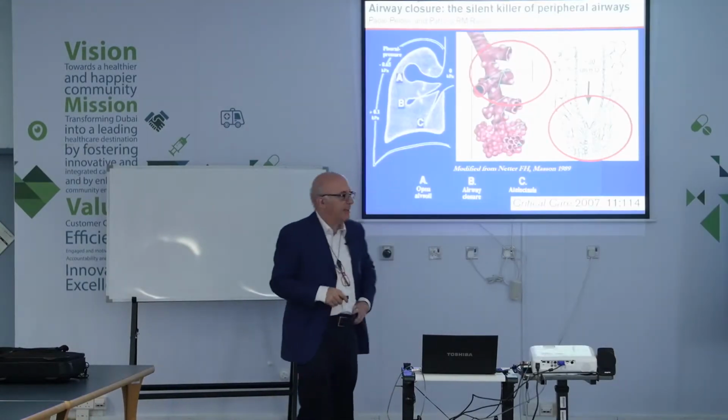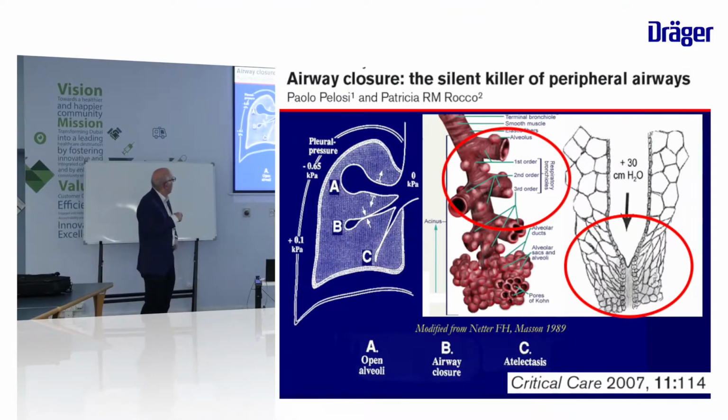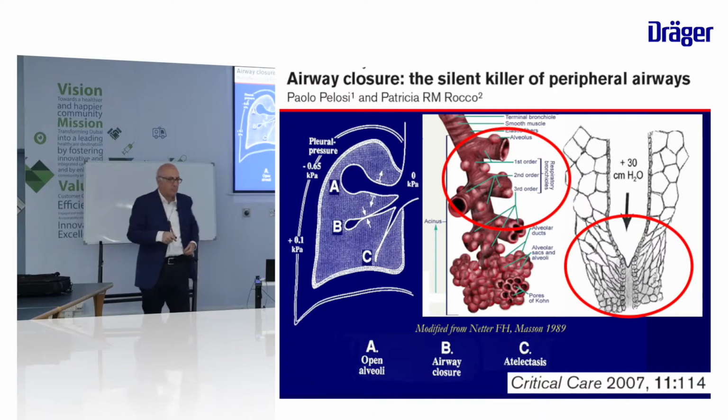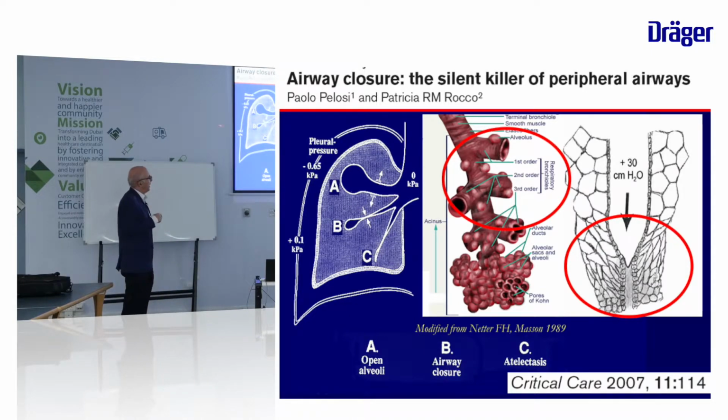What does it mean? That we have three areas: well ventilated, atelectatic, but also this area of closing volume. These areas are the areas in which the peripheral respiratory bronchioli collapse. These are areas of VQ mismatch, not of shunt.